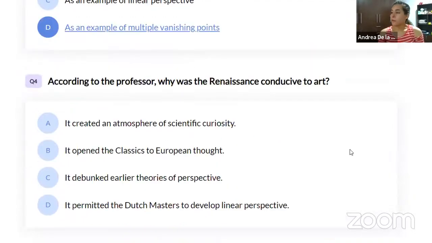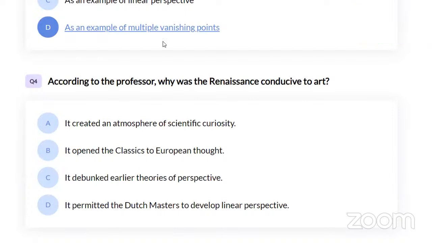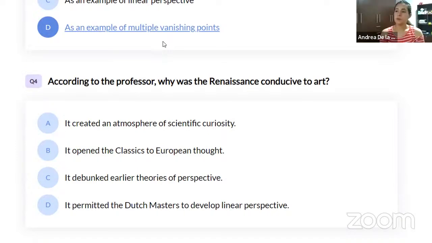Now, question 4. Maybe Ignacio, could you read what question 4 says? Okay, teacher. According to the professor, what was the Renaissance conducive to art? Okay, guys, so what do you think?